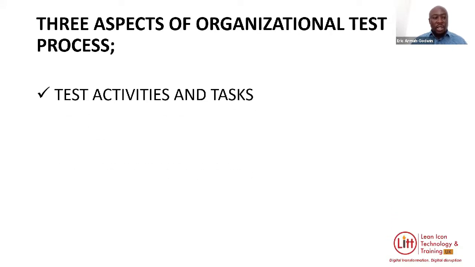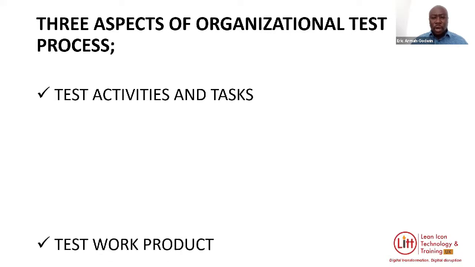So the plan in this session is to start looking at some of these testing activities. There are three main aspects of the organizational test process. The first one is test activities and tasks, which we will be looking at again in this session.